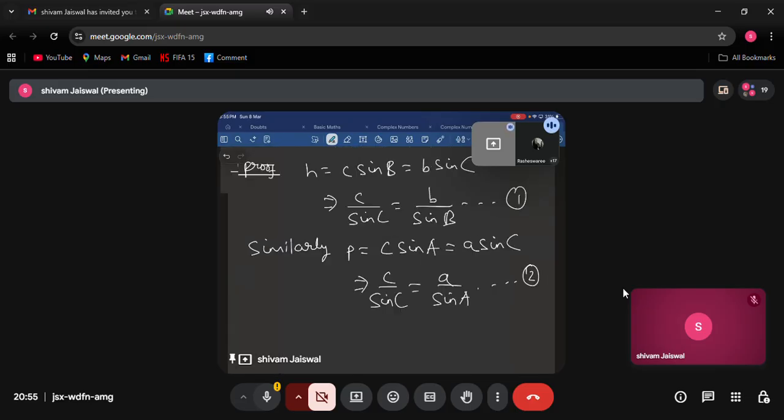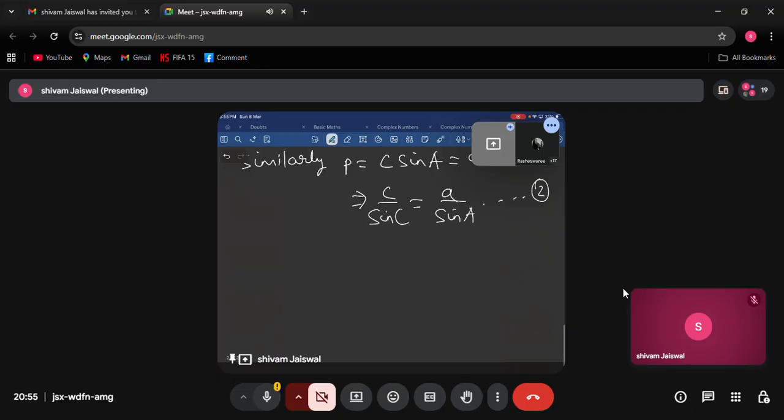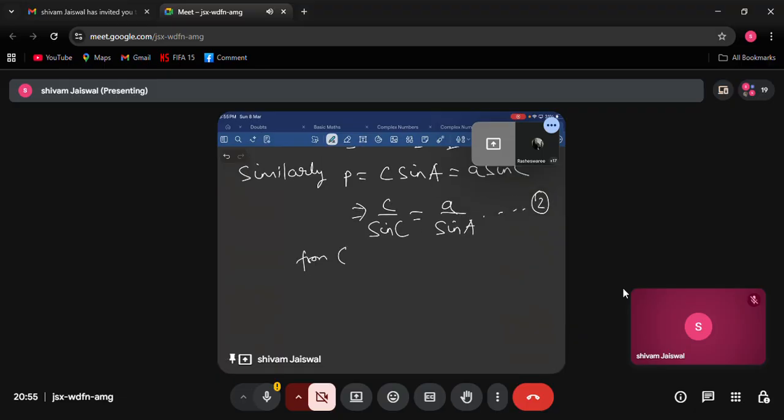From 1 and 2, you can prove the first part: a by sine A is equal to b by sine B is equal to c by sine C.